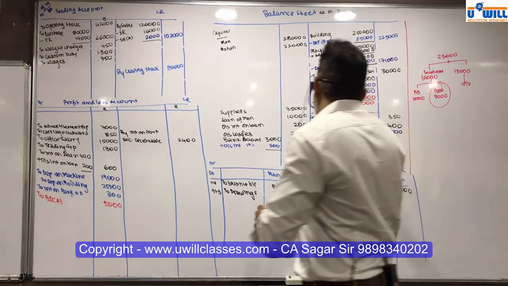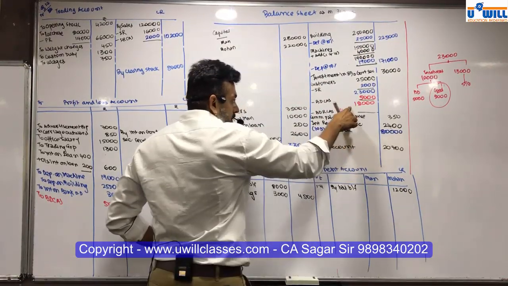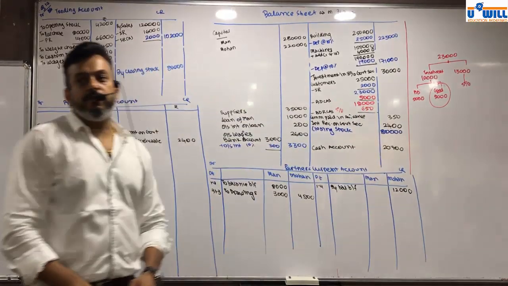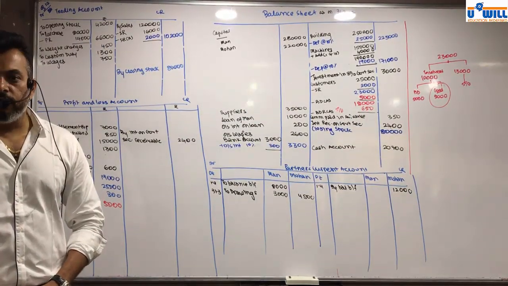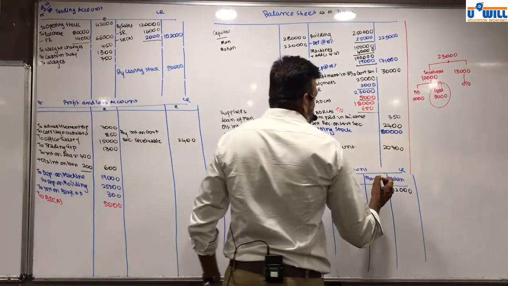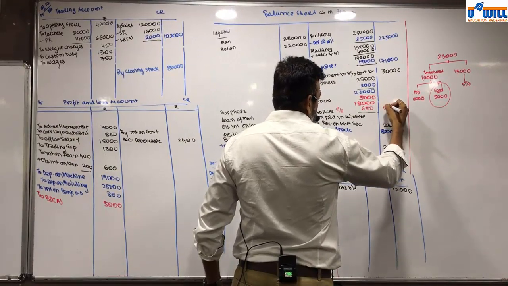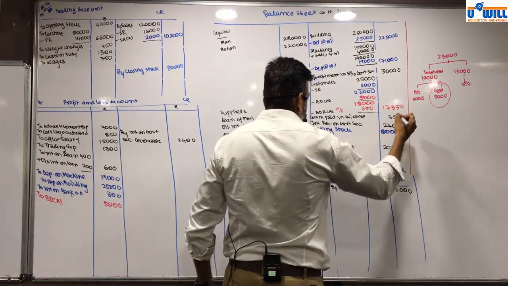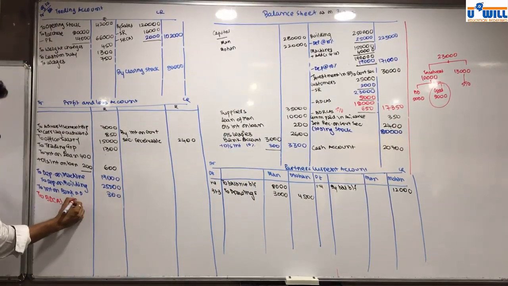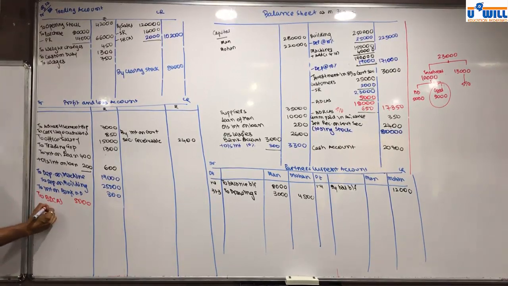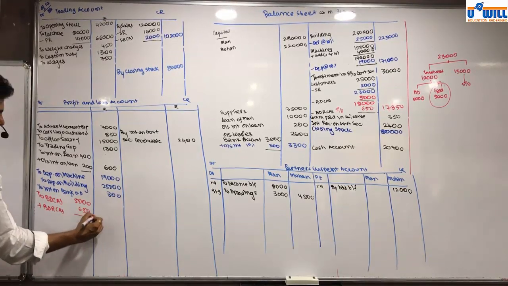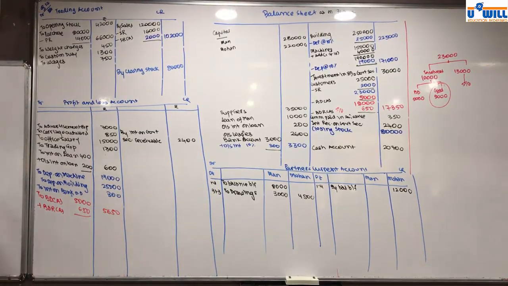Don't directly create 5% reserve on 18,000. It will be on 13,000, that is 650. Got it, all of you? Okay, be careful about this concept. Then amount is 17,350. Second effects, bad debt as per adjustment 5,000 plus bad debt reserve as per adjustment 650. 5,650.